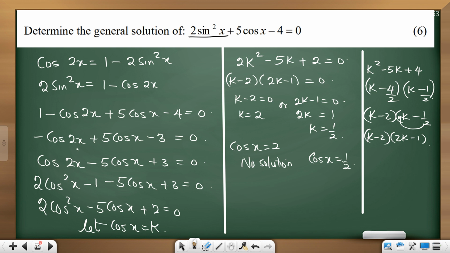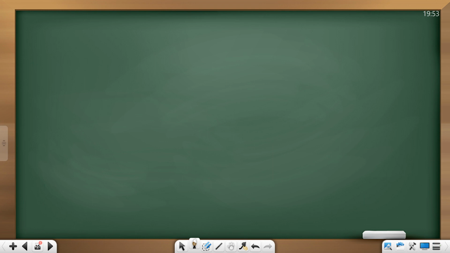I don't know how you guys do it, but I'll stick to mine. Cos x equals half. Let's walk through. The first thing I see, this is positive. Where is cos positive? Quadrant 1 and quadrant 4. Theta here. What is this? 360 minus theta. Where theta is my reference angle.